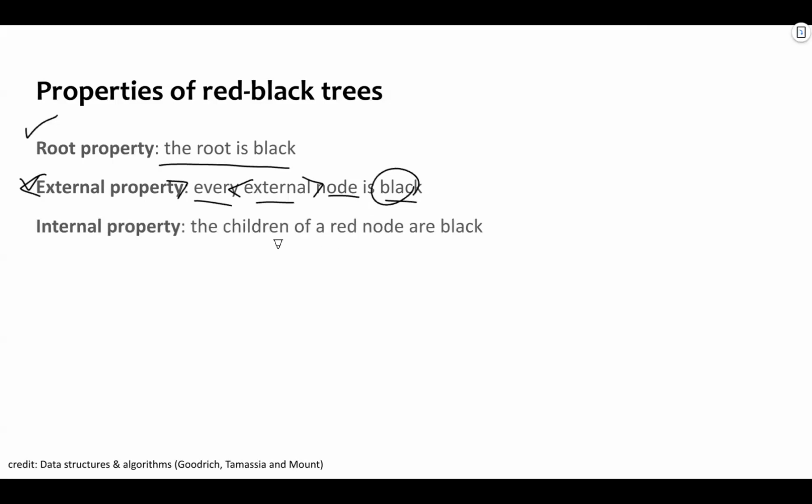And the third property is the internal property. The children of a red node are black. This is very important. So what it means is after a red node, there cannot be one more red node. So there should be no two consecutive red nodes.